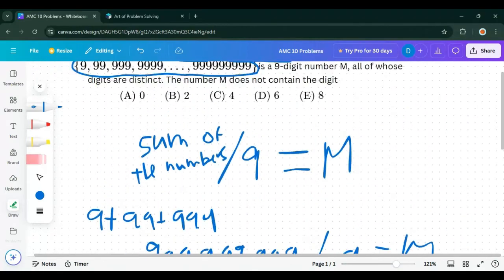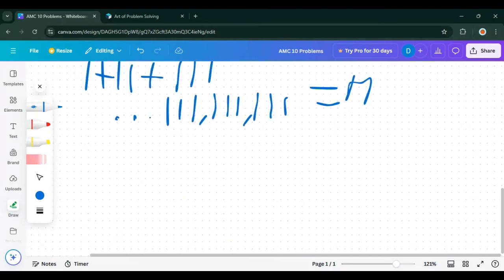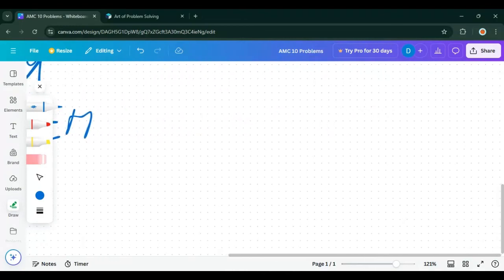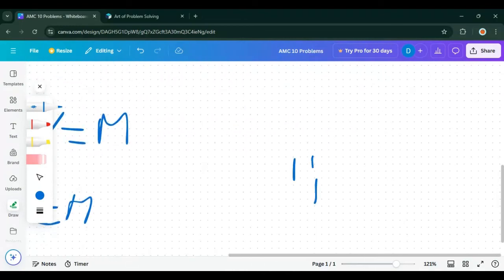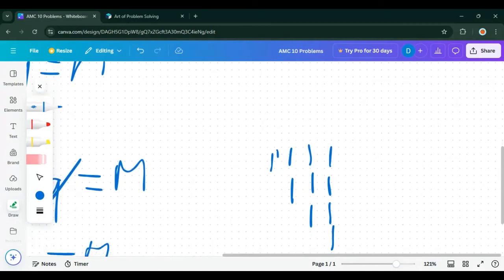And now we can actually see what the problem is saying. m's digits are distinct. Okay, so if we format this a little bit differently, we have 1, 11, 111, and then 1,111, and we can keep on going.